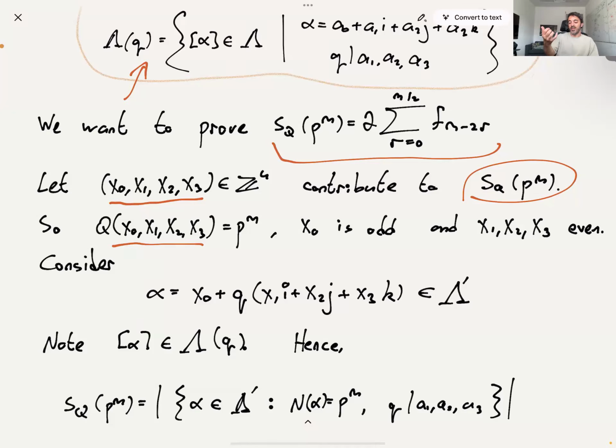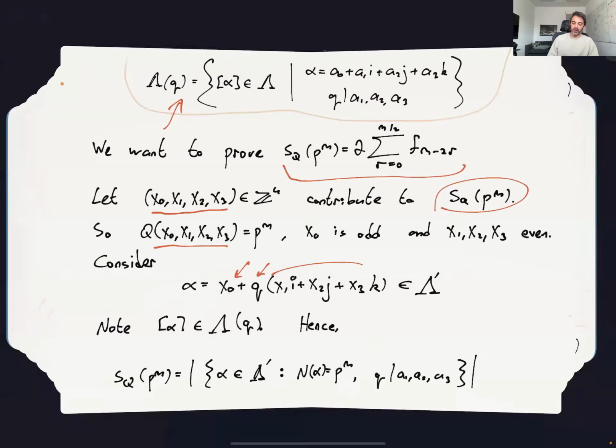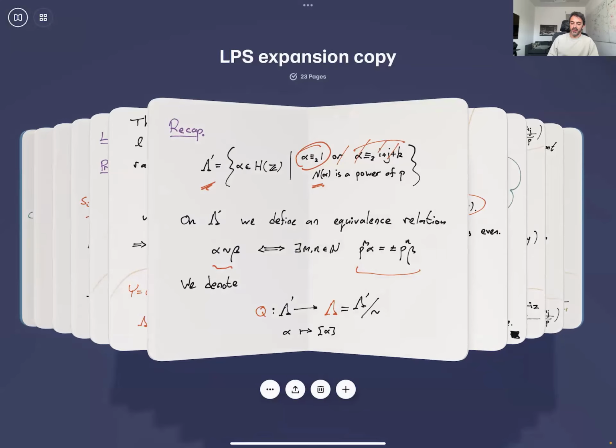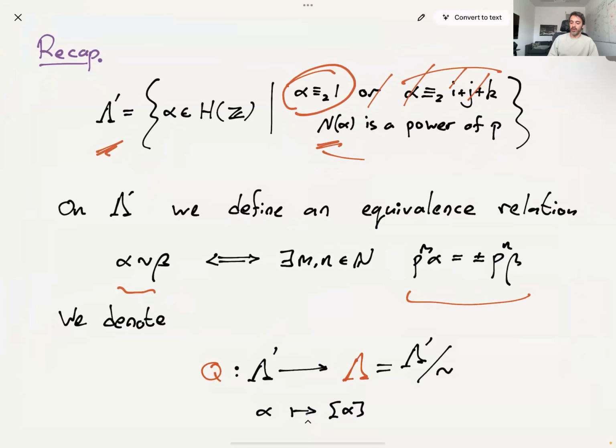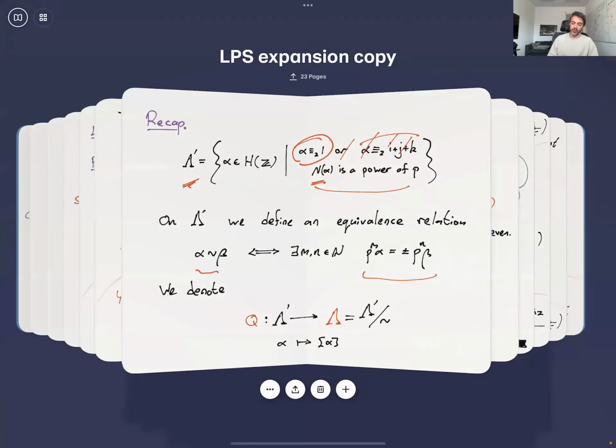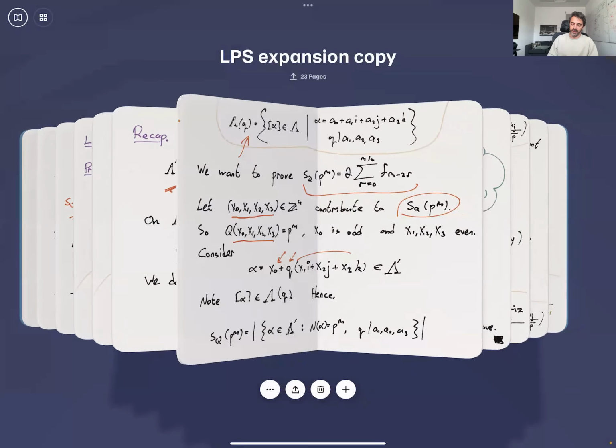From that, let's construct a quaternion which looks as follows. You have x0 plus Q times, and then you use x1, x2, and x3 as coefficients of i, j, and k. Okay, so first of all, note that this is in lambda prime, because in order to be in lambda prime, your norm has to be a power of P, so P to the M is okay, and alpha should be 1 modulo 2, and the rest should be even.